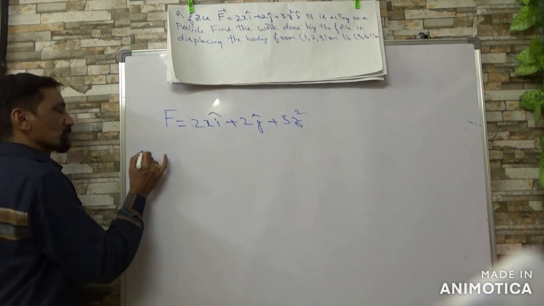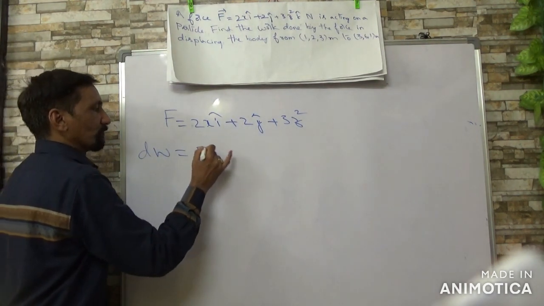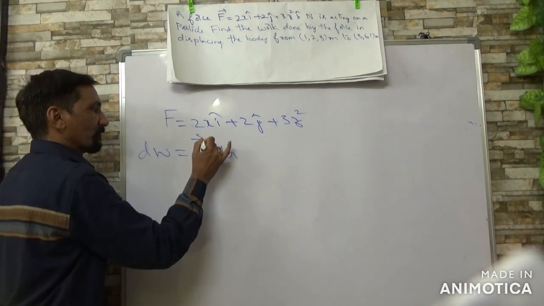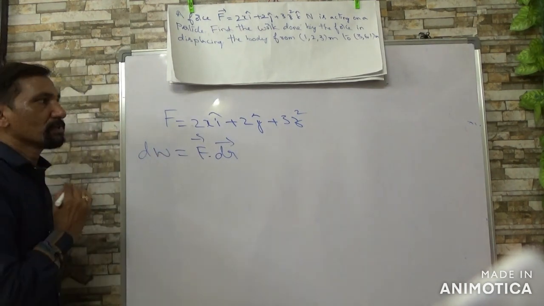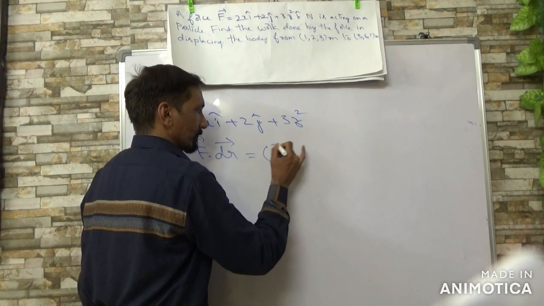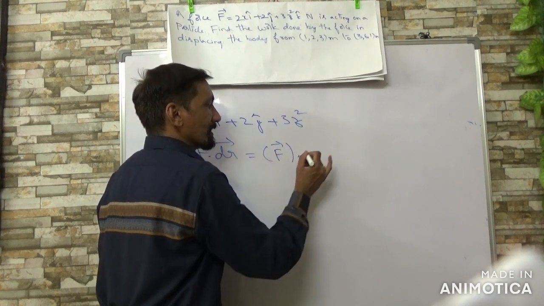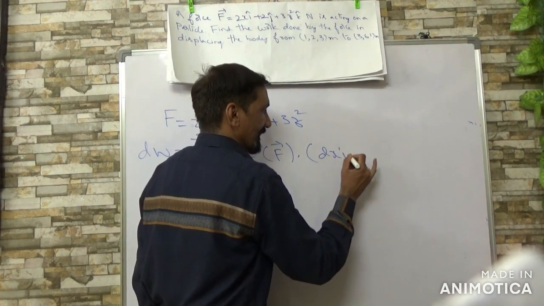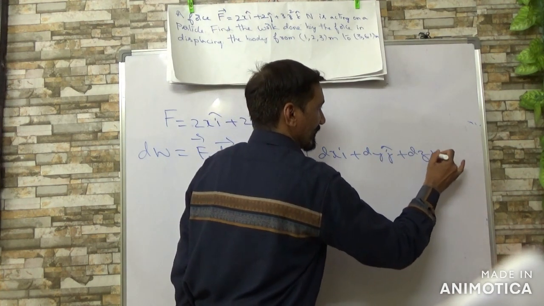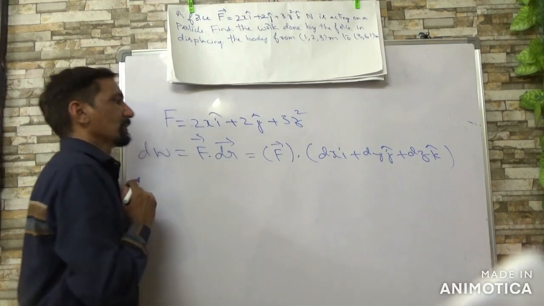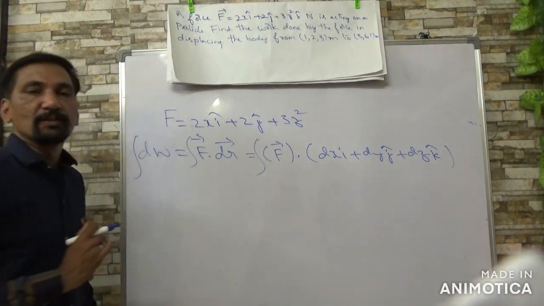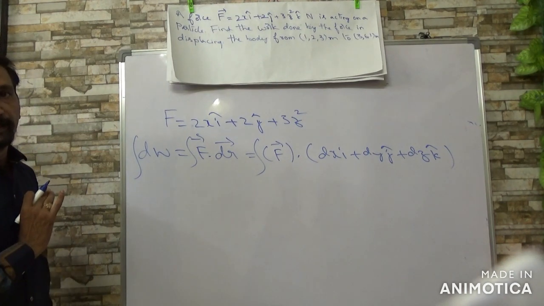So small work done is force into displacement, or you can take work done as F dot dr. So F into dr means you can write dx i plus dy j plus dz k. When you integrate on both the sides, you get total work done.